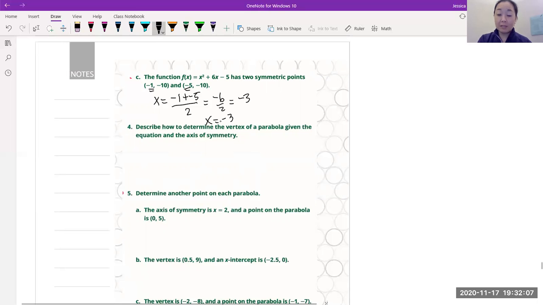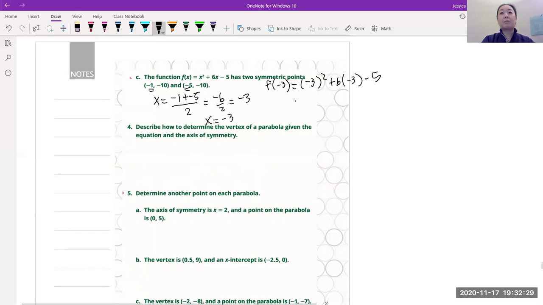But that's not what I want. That's part of what I want. I want to know the whole vertex, right? We just got the x coordinate. We want the y coordinate, so we're going to literally just plug that in, like we've been doing this whole time. So that's going to be -3 squared plus 6 times -3 minus 5. Anywhere we see an x, we're going to put in a -3.